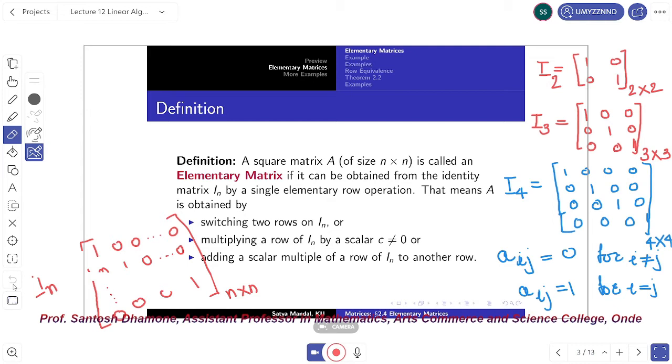Also, we obtain an elementary matrix by adding row 1 plus row 2, R1 plus R2, and we get a matrix obtained from I3. This is the definition of our elementary matrix.